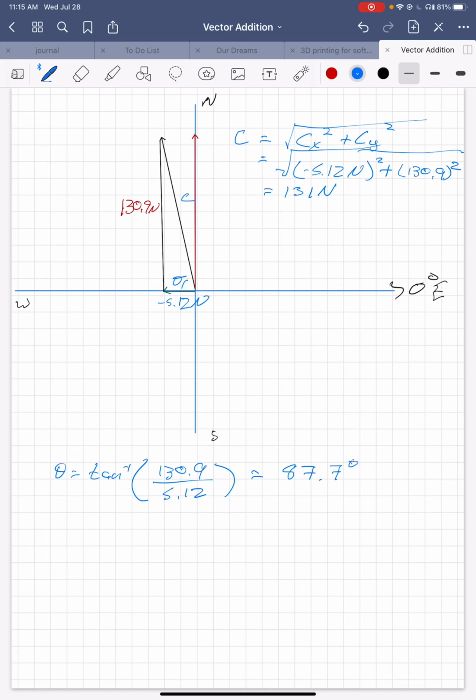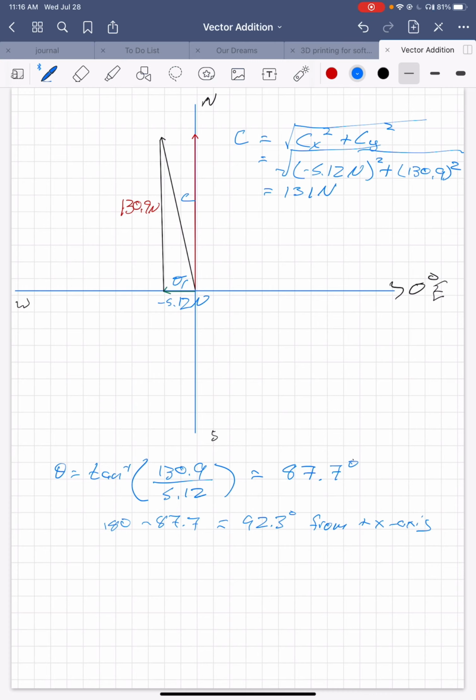Okay. Now, if I want to write it in the same way as the other ones are written, I would say, well, what is it from the positive x-axis? Well, that would be 180 minus 87.7 degrees, which is 92.3 degrees from the positive x-axis.